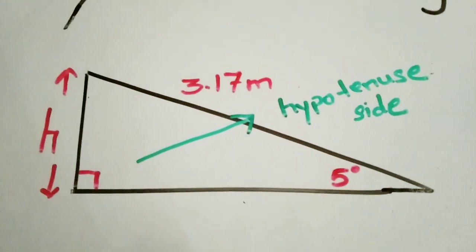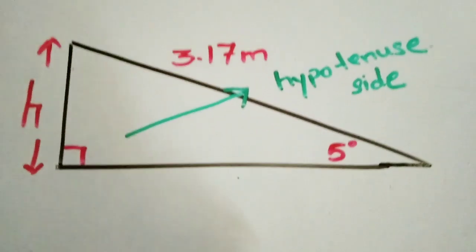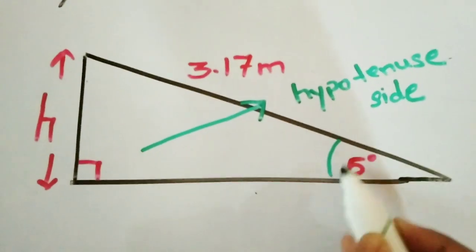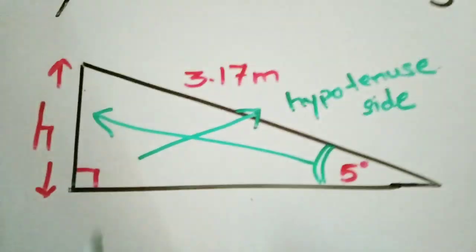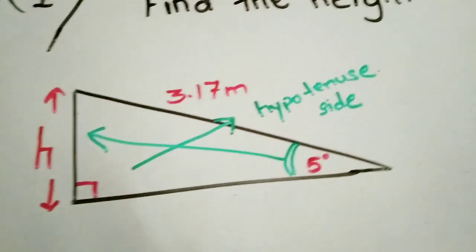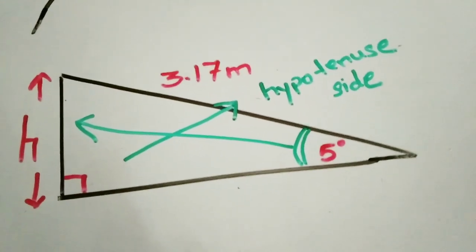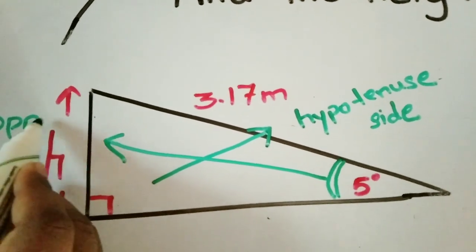What are the other sides of this right angle triangle? Opposite to the given angle, here the angle is 5 degrees, is the opposite side.